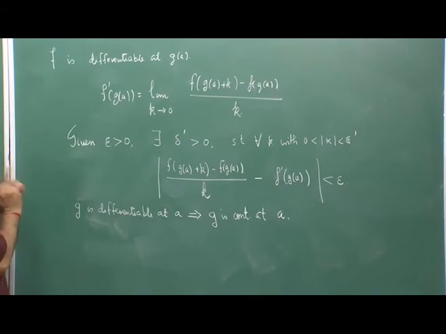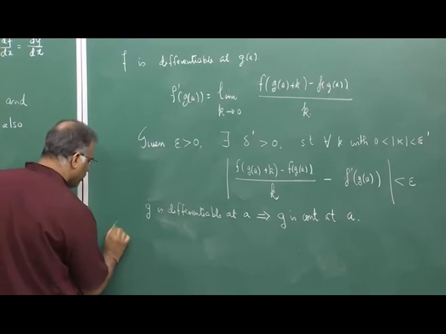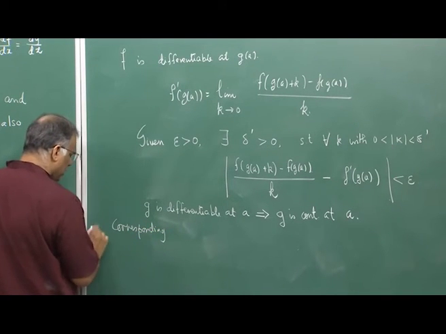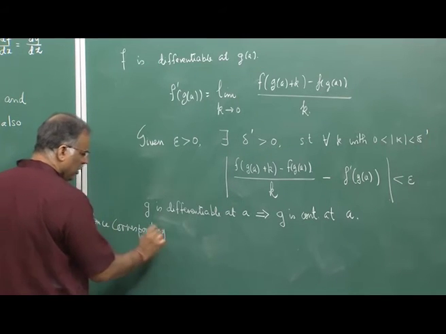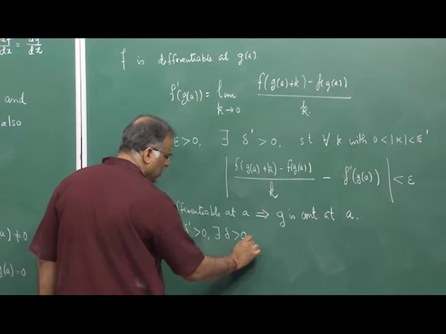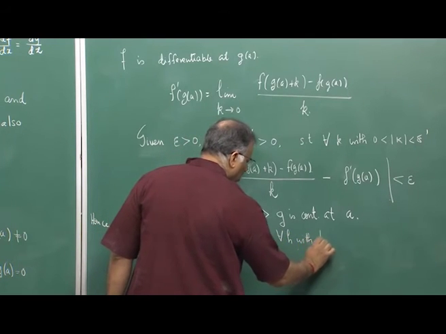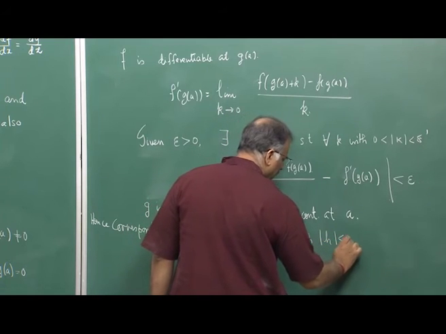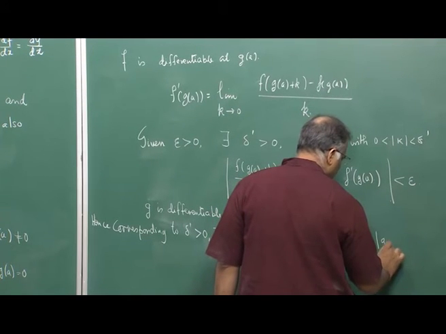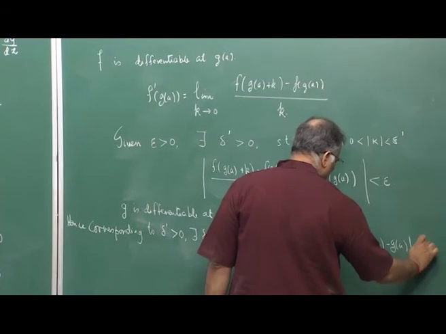So, if for g I now consider this delta dash to be my epsilon, hence corresponding to delta dash greater than 0, there exists delta greater than 0 such that for all h with mod h strictly less than delta, it implies that mod of g of a plus h minus g of a is strictly less than delta dash.